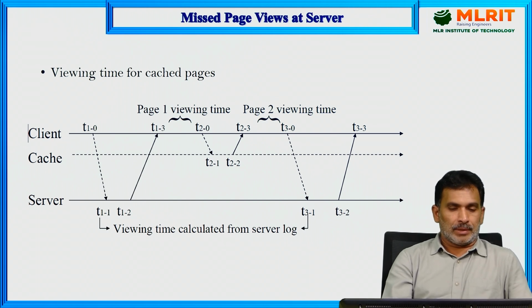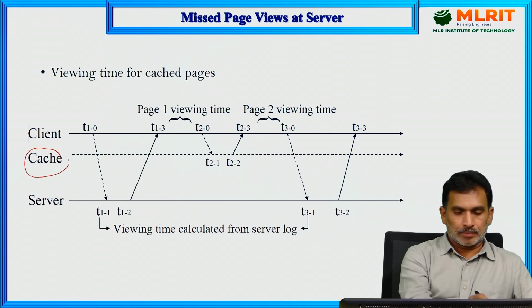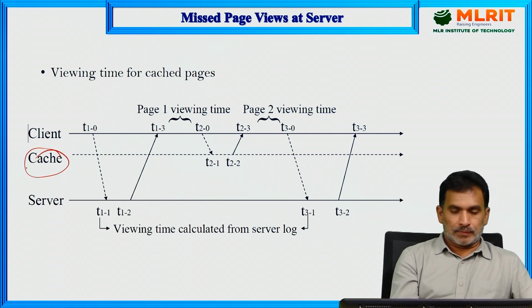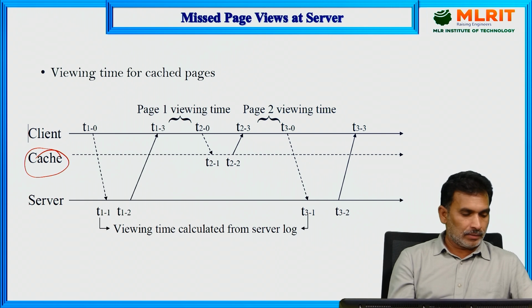Next, missed page views at the servers. So here you can see there are different clients and the cache, because the most frequently used pages would be stored in this cache. So there will be a chance of missing pages.